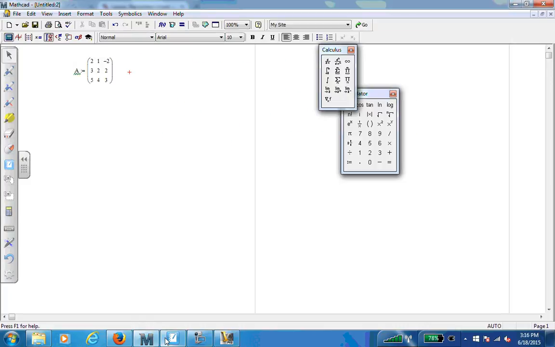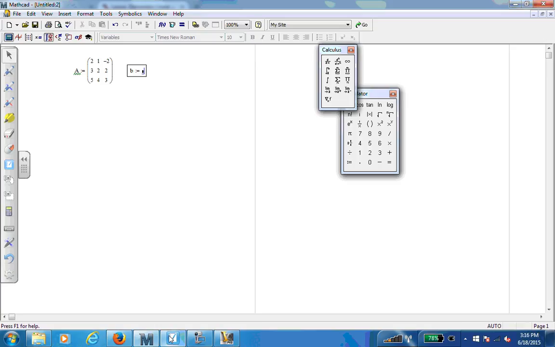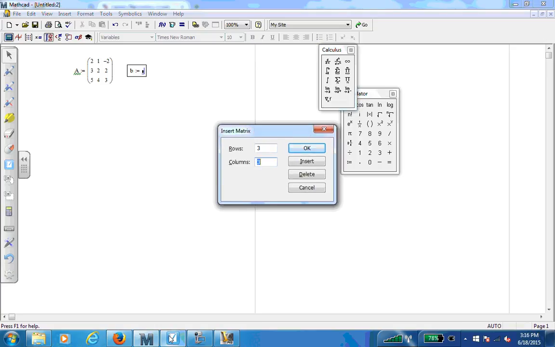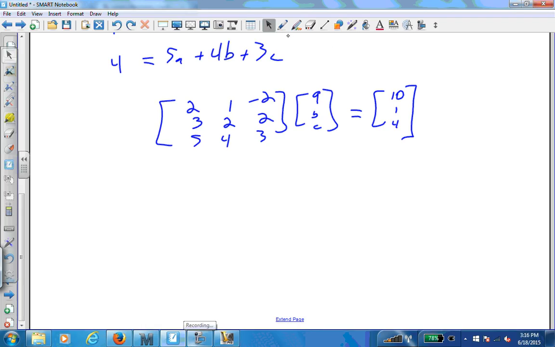And then our right side is 10, 1, 4, so 3 rows, 1 column. Then if we do A inverse times B, we get 1, 2, negative 3. So A, B, C is 1, 2, negative 3.